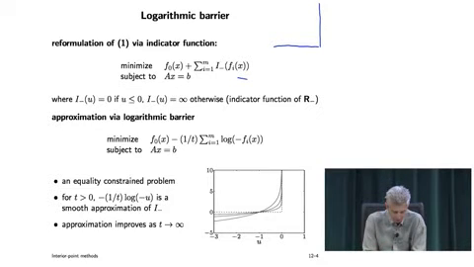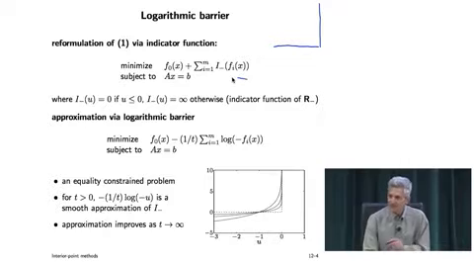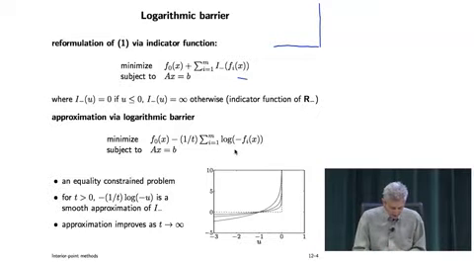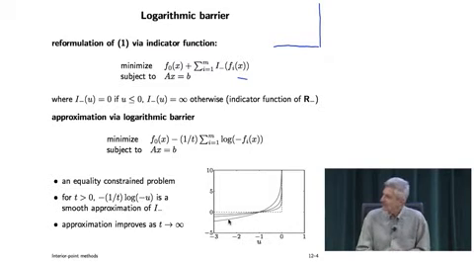Now you can't apply Newton's method to this directly because this is big time non-differentiable, right? Because you've got this thing that goes up to plus infinity. So what we're going to do instead is make a surrogate that's smooth. And the surrogate that's smooth is the log barrier. So you'll form 1 over t times minus log of minus f. These are functions that look like this. They look just like that.